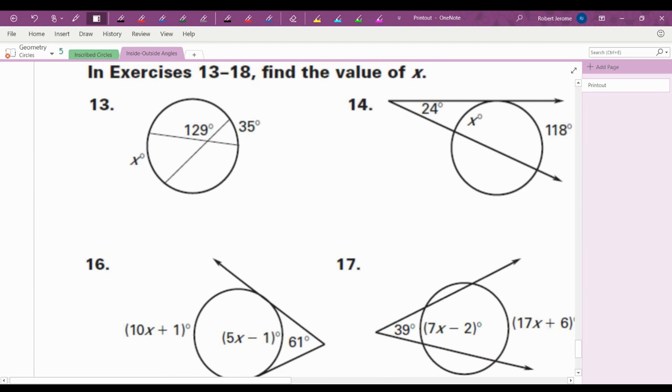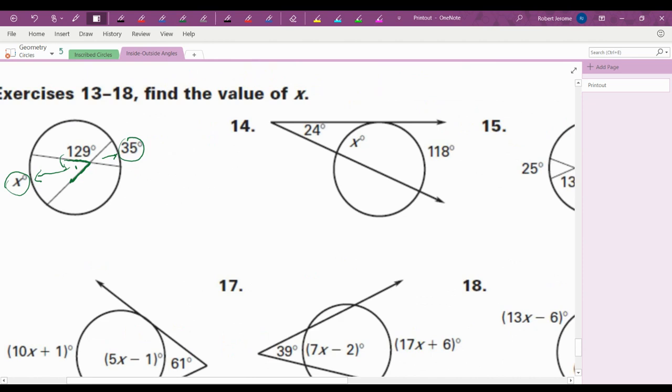In number 13, since we're going to work with x and 35, the first thing we have to do is find that angle that pairs with them. Remember, geometry is all about what parts work together. That's our problem-solving skill. So the first thing we're going to have to do is find that angle. Then we can set up the formula.